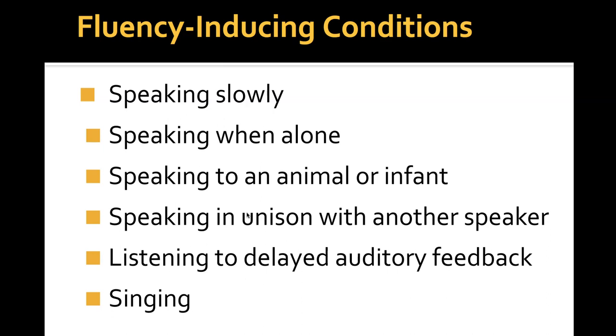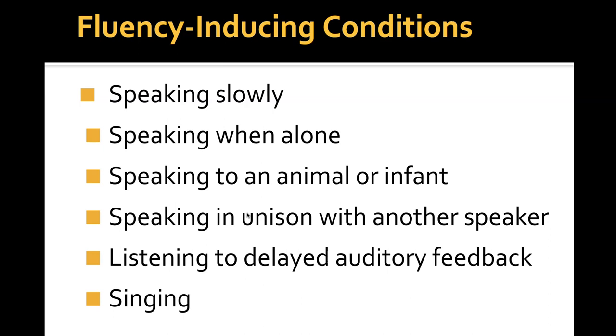So speaking slowly, speaking when alone, speaking to an animal or infant. The slower you do any motor task, the easier it is to do, whether you're driving or you're writing or typing. The faster you go, the less accurately you're going to do it. The slower you go, the more accurately you're going to do it. When you're speaking by yourself, you're talking more slowly. You're also talking about things, obviously, that you know about.